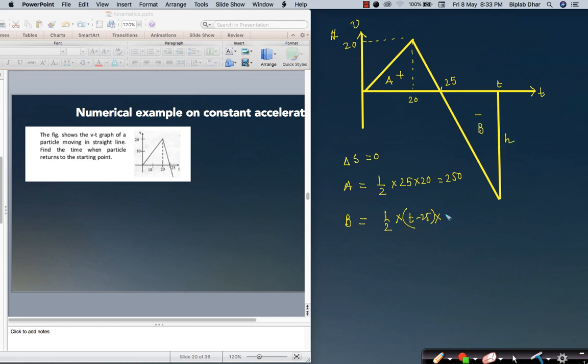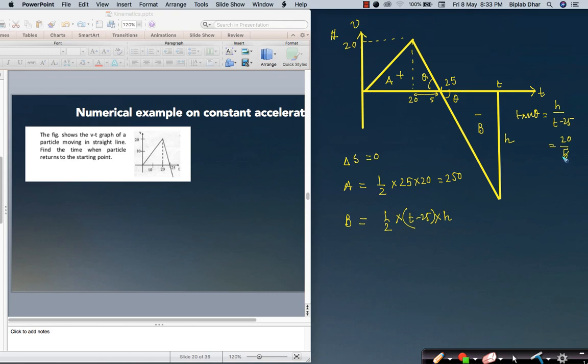Suppose this height is h. How do I find it? You can see that if this angle is theta, this angle is also theta. Tan theta from this triangle is h by (t minus 25). But from the other triangle, tan theta is equal to 20 divided by 5, as this height is 20 and the base is 5.